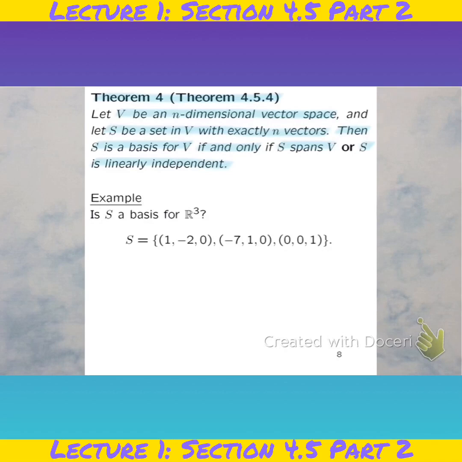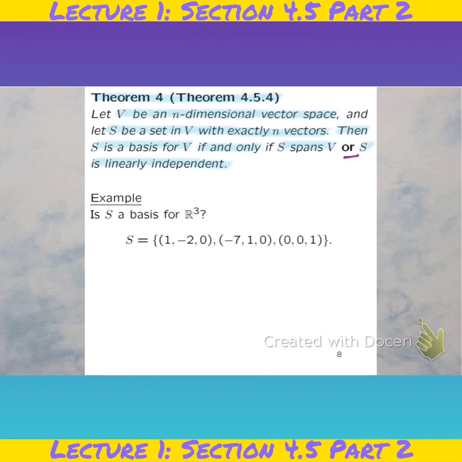Now take note of this or. Or is weaker than and. To check both linear independence and the span property is much more work. Whereas with or, we only have to check one or the other. We don't have to check both.